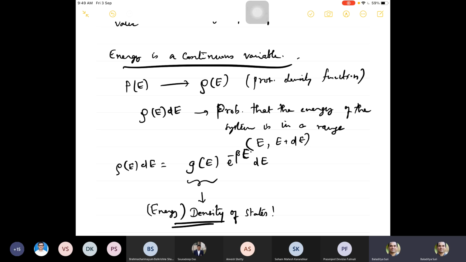Okay. And this is a very, very important function in all of physics.